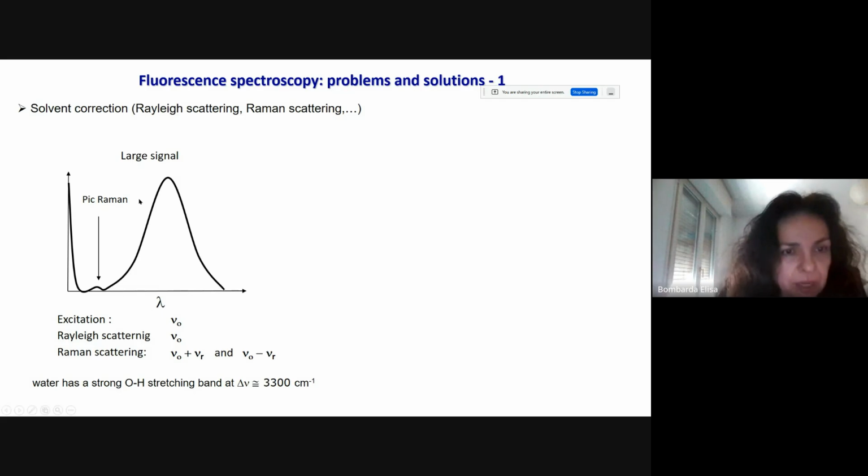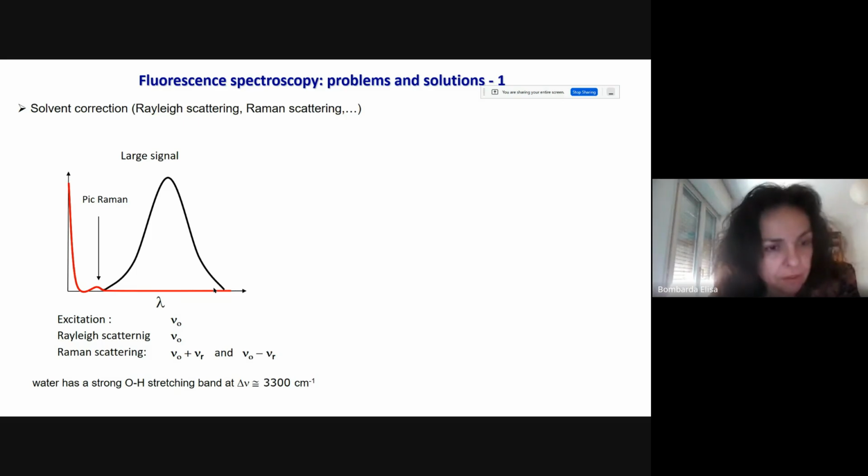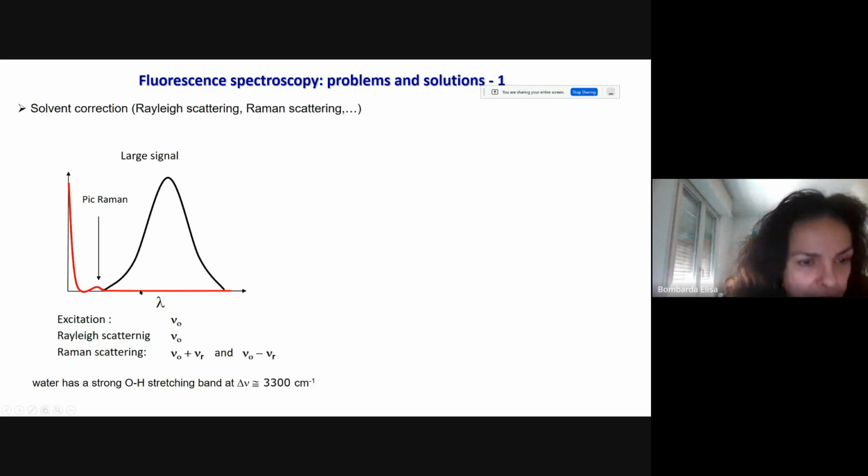Okay, and finally we have fluorescence. What we are interested in is fluorescence. So normally, we also measure, in red here, the spectrum of the solvent. And as you see in the spectrum of the solvent, we see everything that is solvent related, so the Rayleigh scattering and the Raman scattering.